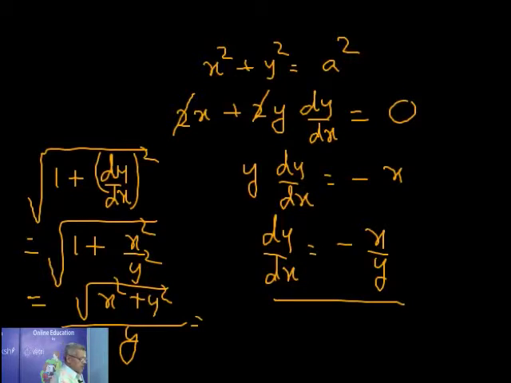Therefore root of a square is a, so we get a by y. So this is the complete simplification of square root of 1 plus (dy by dx) whole square. Find dy by dx, substitute, take LCM, x square plus y square is replaced by a square at any stage, root of a square is a, and root of y square is y. So we get a by y. I am substituting everything in the given formula.